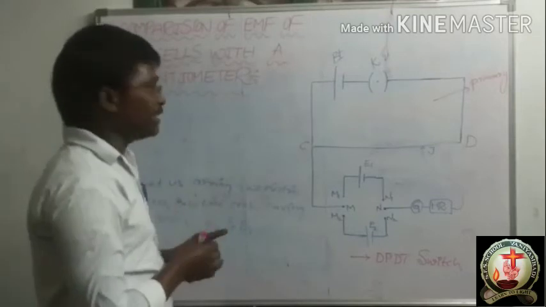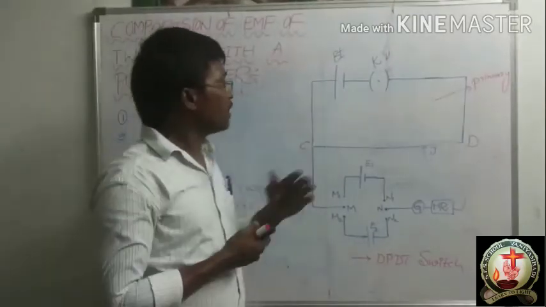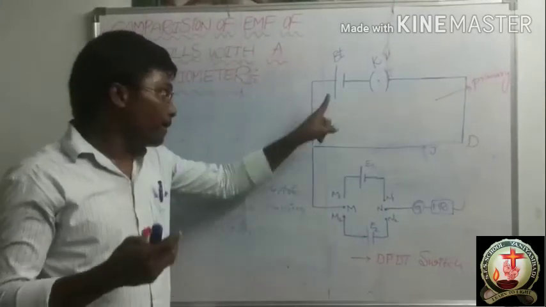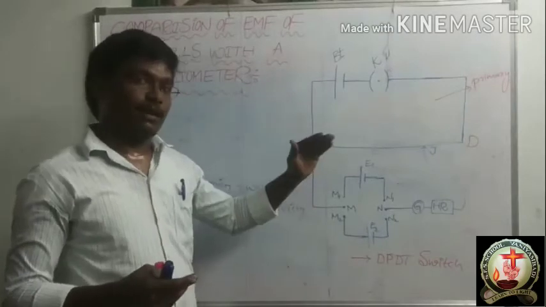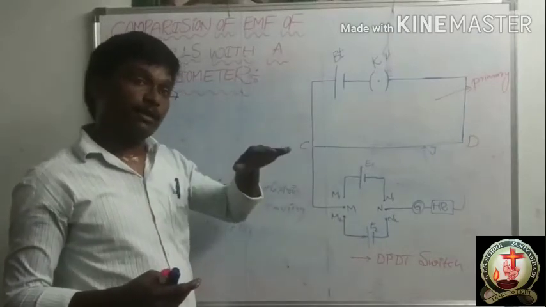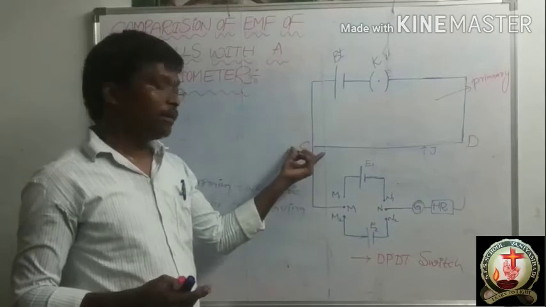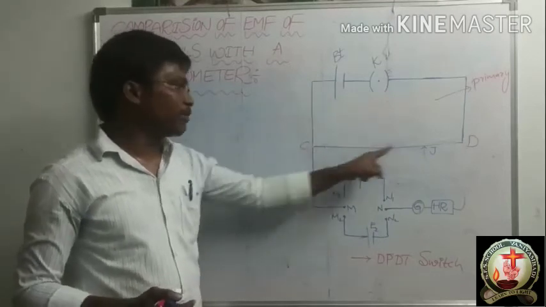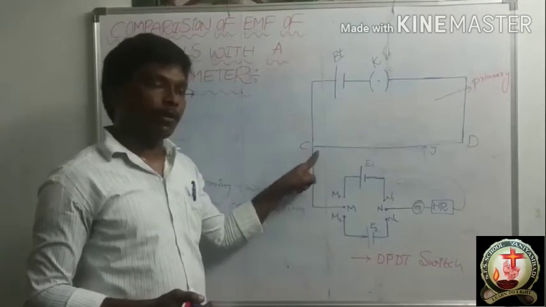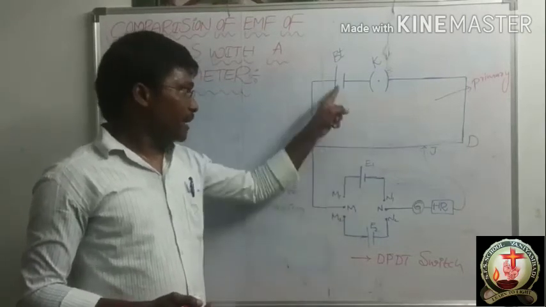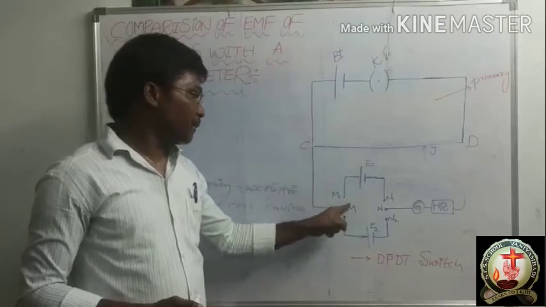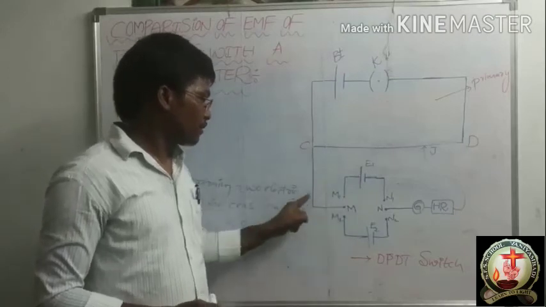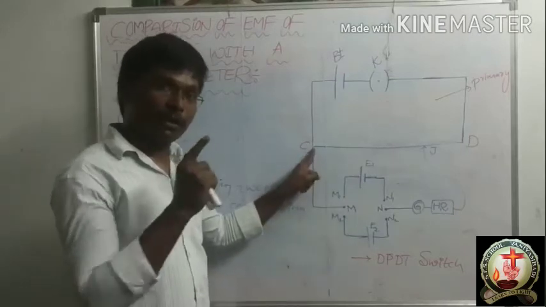So listen to how I am telling. The positive terminals of the battery and cells are connected with one end of the potentiometer wire. This is the potentiometer wire, and this is the end, we know. At the same time, the battery positive terminal and the cells are connected to one end of the potentiometer wire.